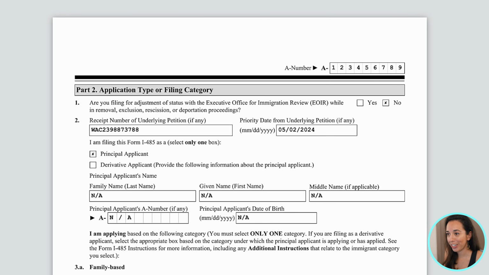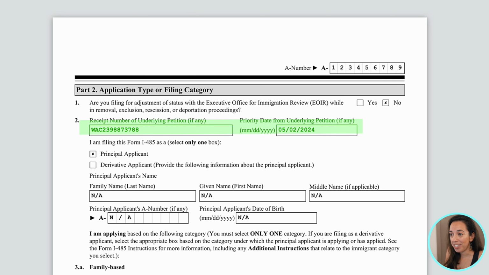Page 5, Part 2. So question 1 asks, are you filing for adjustment of status with the Executive Office for Immigration Review while in removal, exclusion, or deportation proceedings? You're going to check no, as this doesn't apply to us. Question 2 asks for the receipt number of your underlying petition.